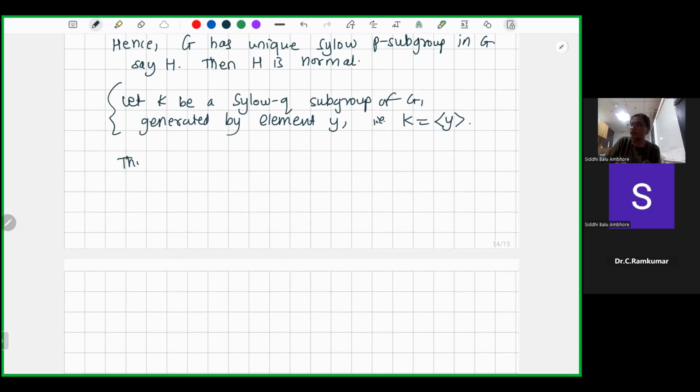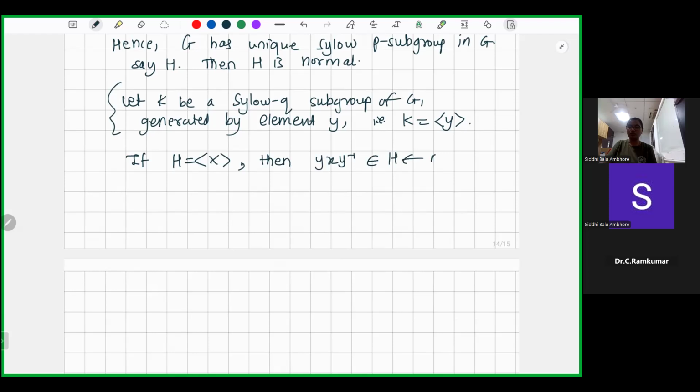Then H is again a cyclic group because H has prime order, generated by X. So then Y X Y inverse belongs to H, right?